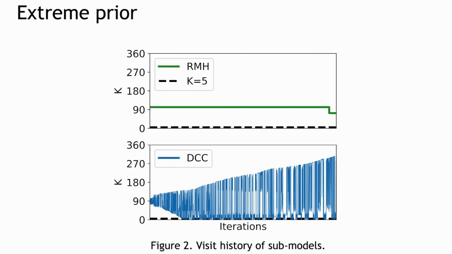It is clear that RMH mostly gets stuck in the initial submodel. DCC, on the other hand, starts from the submodel corresponding to around 90 clusters, which is close to the prior, and is able to discover the submodel of 5 clusters which contains the most posterior mass. Being able to discover submodels is a key reason why DCC can perform accurate inference.